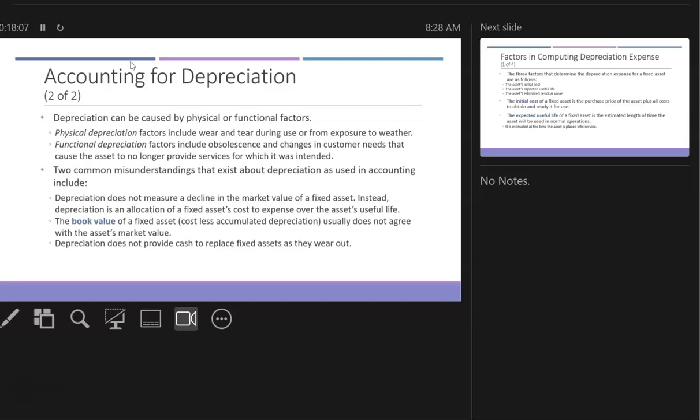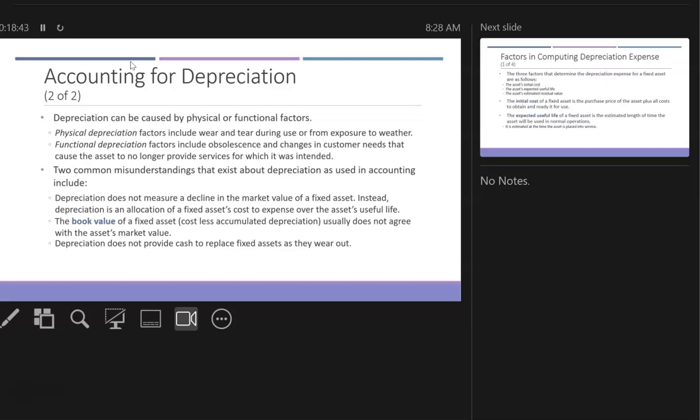So if we were to see what they paid for this building back in the 70s, plus any of its improvements, minus the depreciation they've taken, it doesn't mean that that is what the building's actually worth today. Because remember, for accounting purposes, we show assets on the books at what we paid for them, not at what they're really worth. Does that make sense?